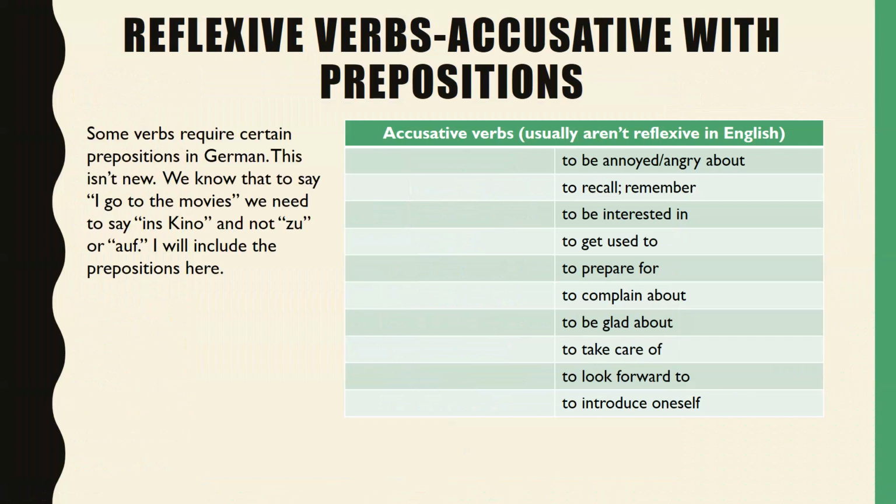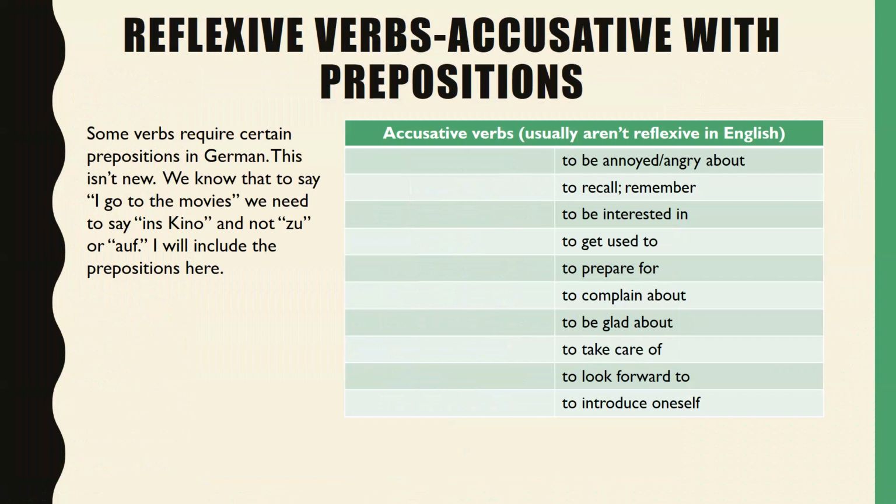Some verbs require certain prepositions in German. This isn't new. We know that to say, I go to the movies, we need to say ins Kino and not zu or auf Kino. I will include the prepositions here. Again, these have been left blank so that if you want to quiz yourself, you could always use the video to do so.